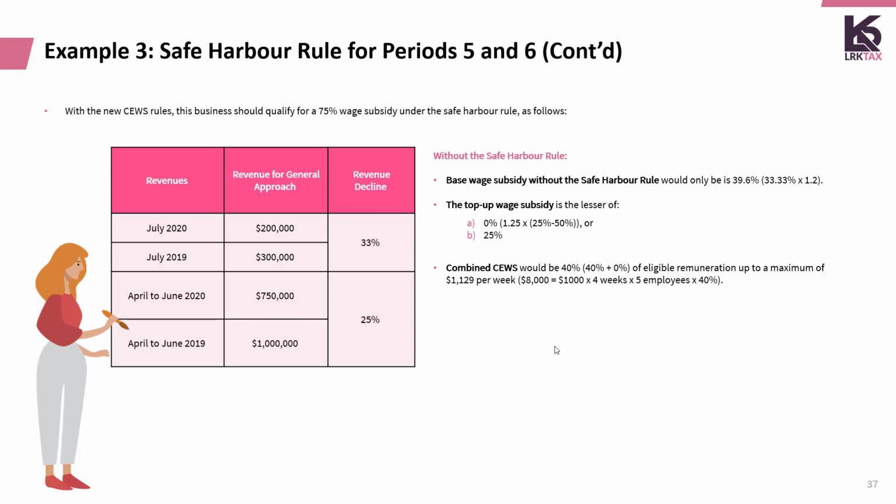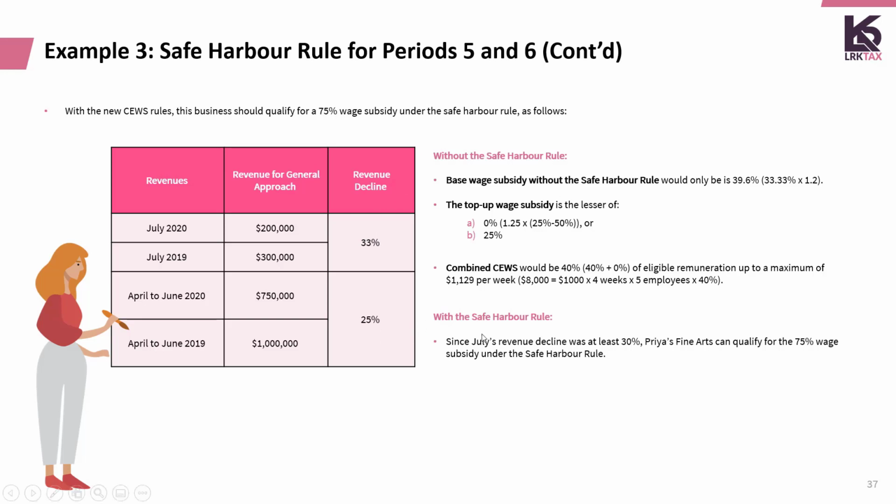But because there's something called a safe harbor rule, where it allows applicants to use the old CEWS legislation to get a 75% reimbursement when there's a 30% revenue decline, that particular rule would be useful in this particular case, because you can see that the revenue decline here has exceeded 30%. So under the old rules, 33% would be enough to get you a 75% reimbursement rate.